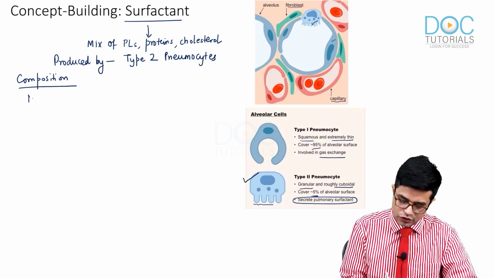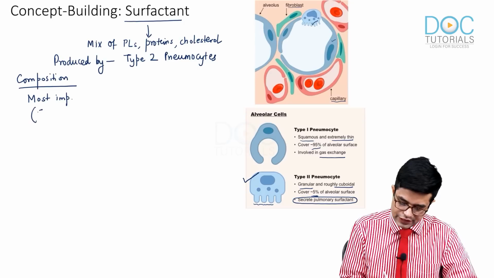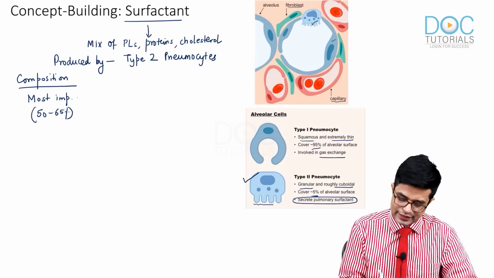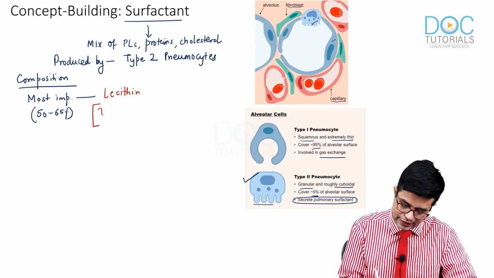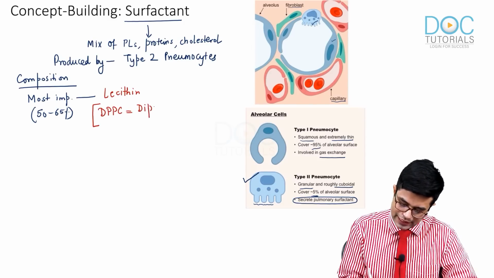The most important component, which comprises 50 to 65% of the total content, is lecithin. Lecithin, the chemical name interchangeably used is DPPC. DPPC stands for dipalmitoyl phosphatidyl choline.